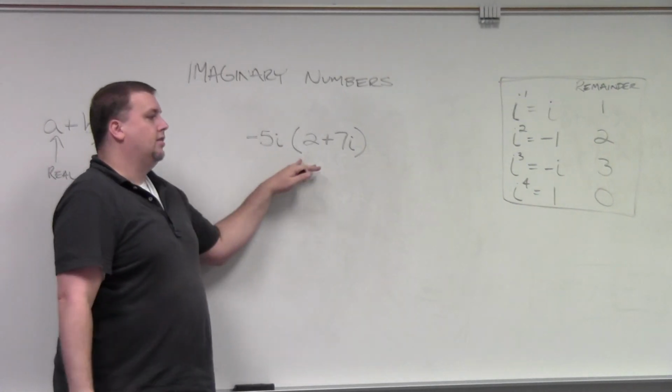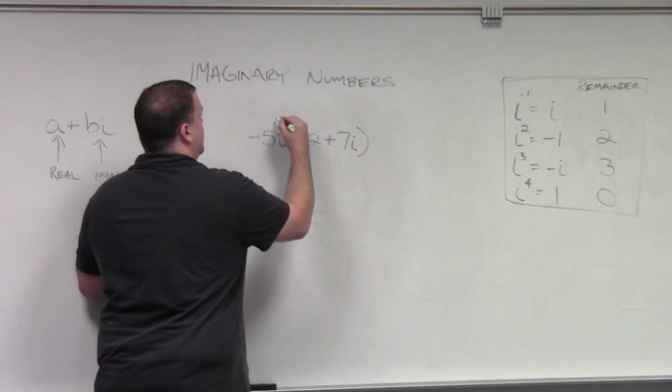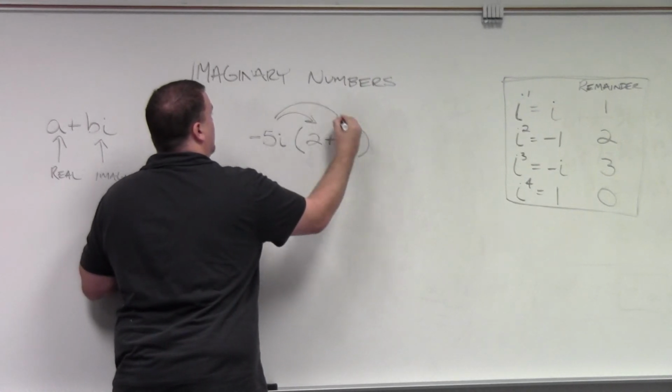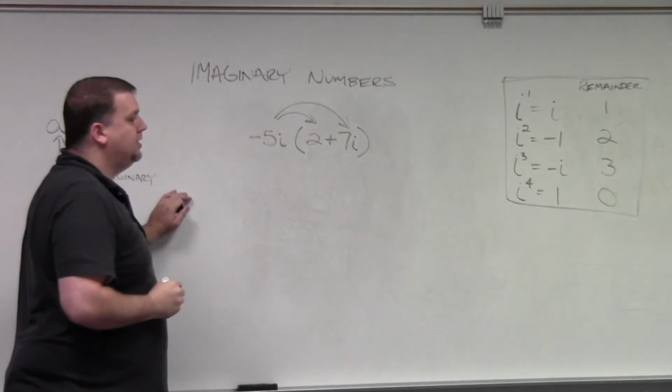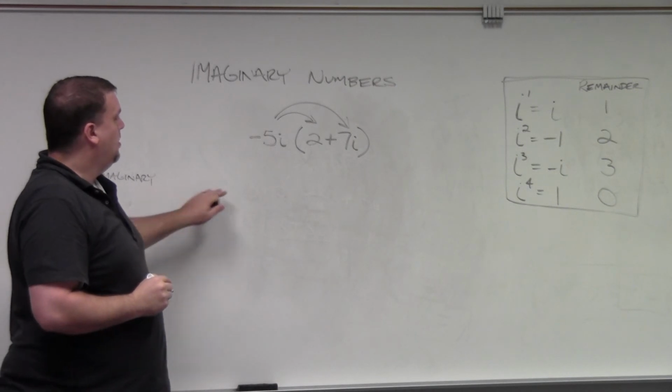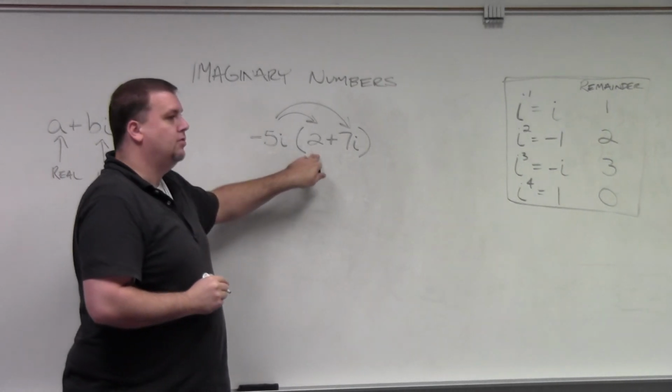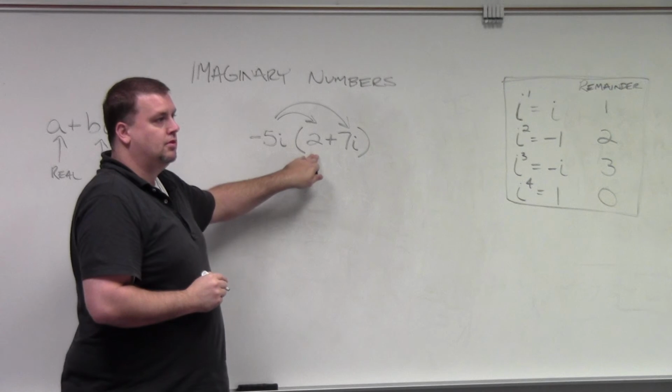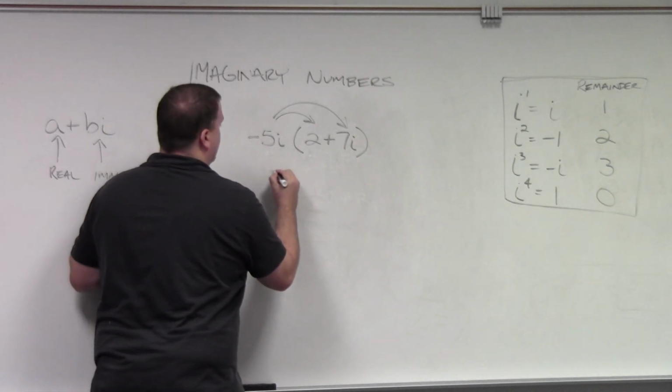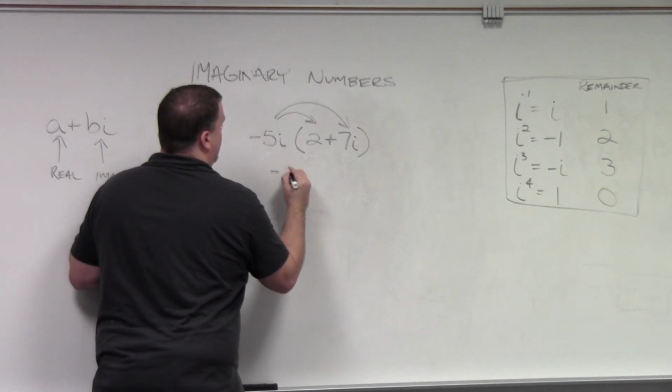So just like with real numbers, we're going to distribute negative 5i times both pieces. What's negative 5i times 2? Negative 10i. Works just like if it was a variable.